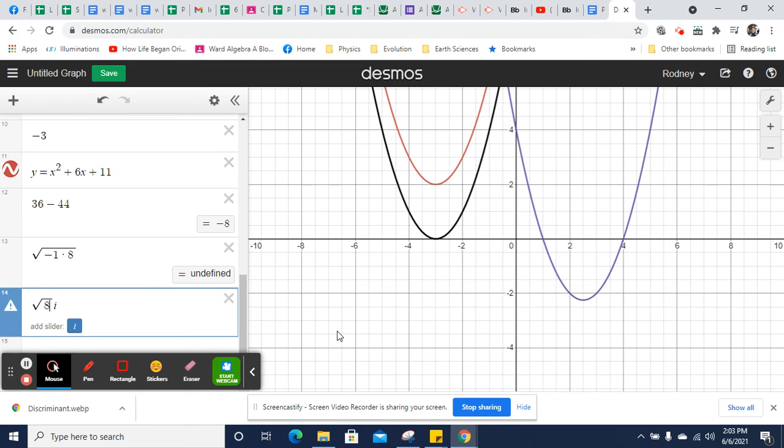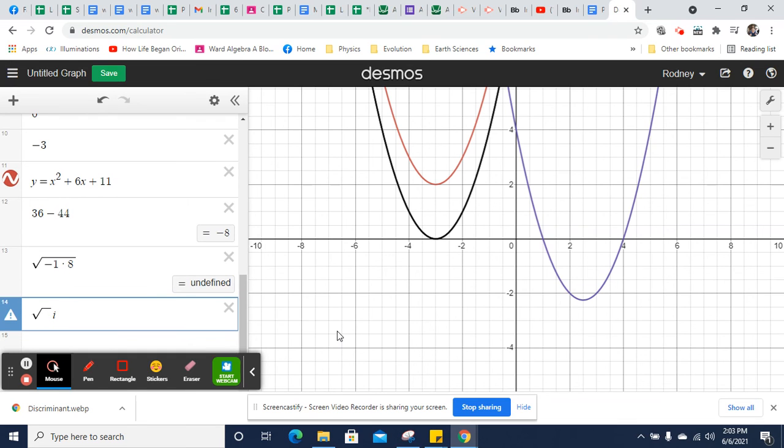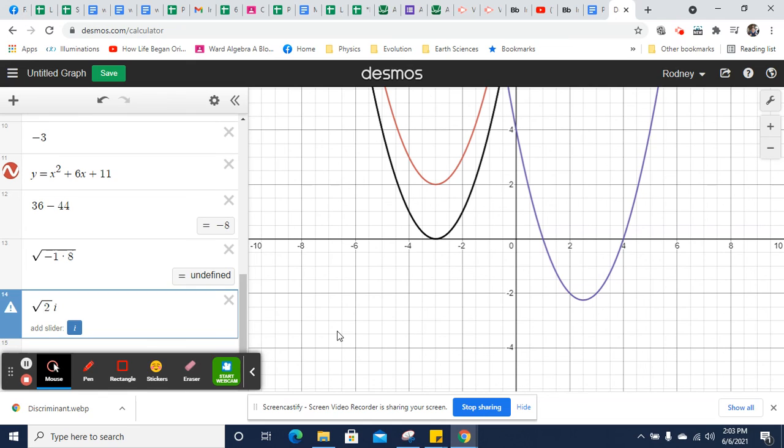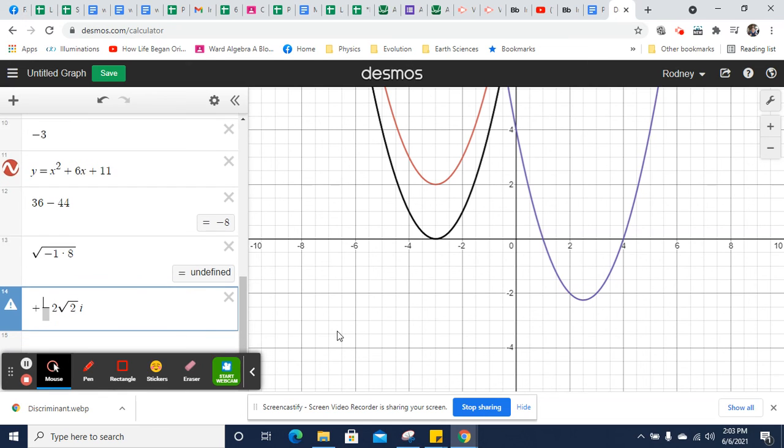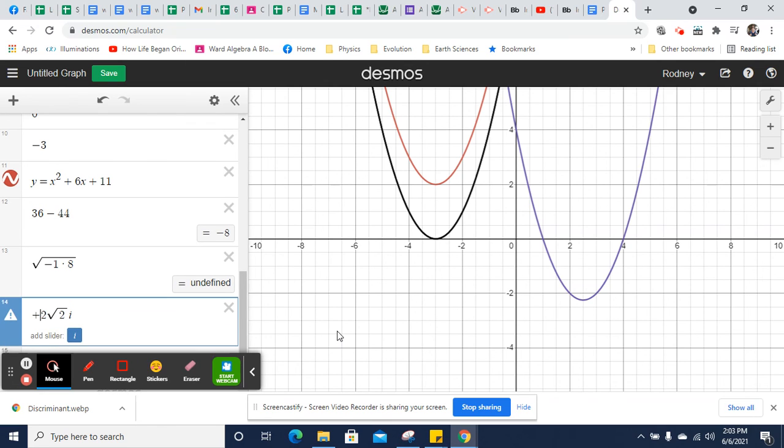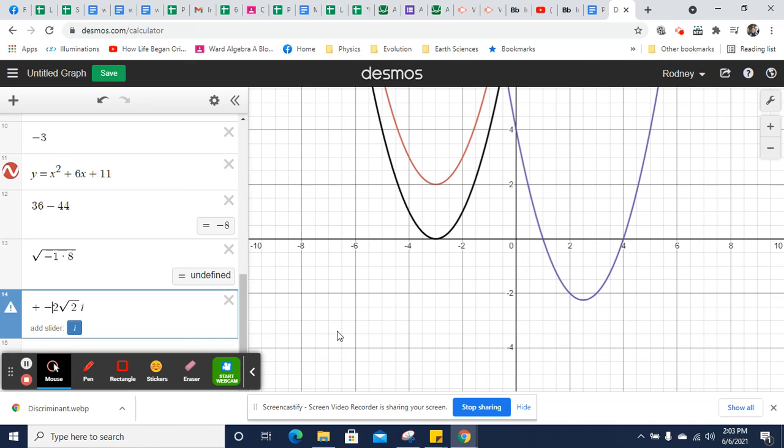And we can simplify the square root of 8 a little further because that's 4 times 2. And we can pull the 4 out of square root jail, and so it becomes 2. And we end up with plus or minus 2 root 2 times i.